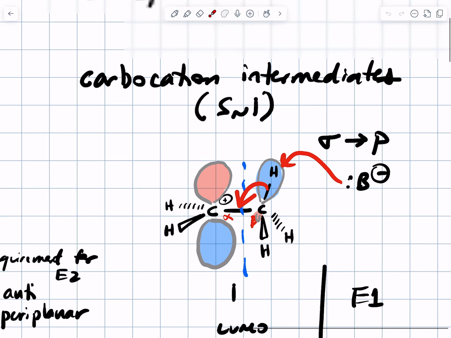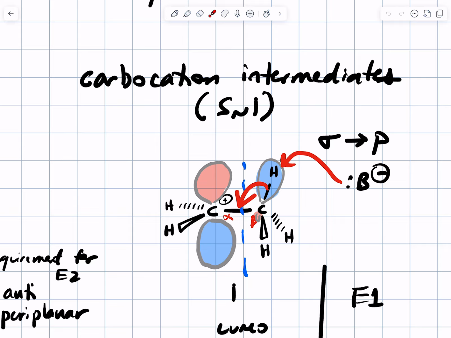And we've said that a base or a nucleophile, when it sees a carbocationic intermediate, can choose to attack at the alpha carbon where the positive charge is, or at the adjacent beta hydrogen.